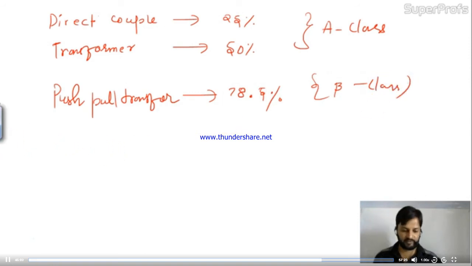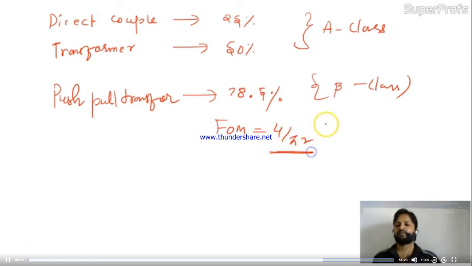Okay friends, now next. If I talk about the figure of merit for push-pull, the figure of merit is given by 4 by pi square. See, very minimum. In the earlier two cases, the figure of merit was 2 and 2.